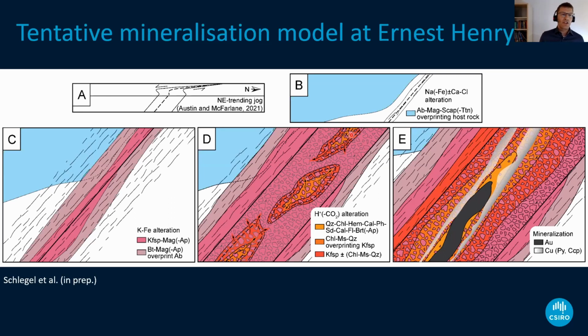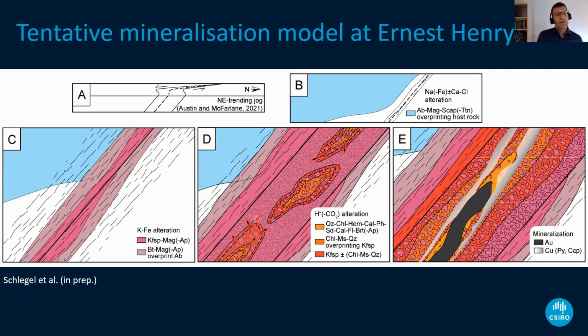As you have continuous shearing, that's certainly an interpretation. Continuous shearing, you start to overprint K-feldspar, magnetite, apatite alteration. This sort of alteration overprints the biotite magnetite. Evidence for this I have shown you in the TMA sections.